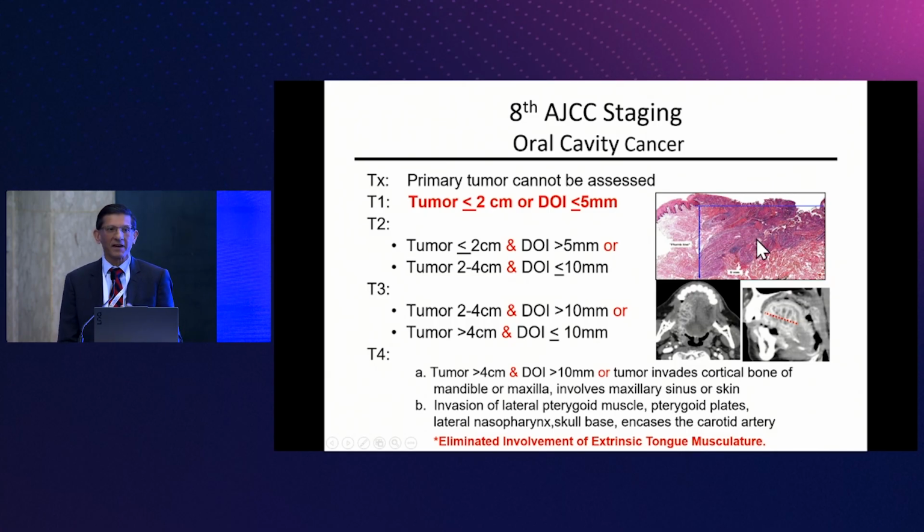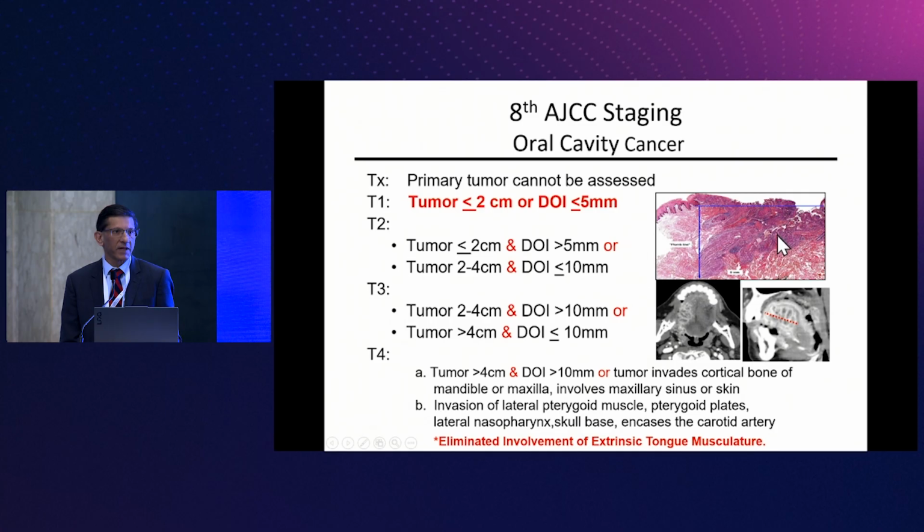But one thing I want to emphasize is that when you start looking at tumors involving the oral cavity, especially the oral tongue, you're going to measure the tumor, in an anterior-posterior diameter and a cross-sectional diameter. That width of the tumor is not depth of invasion.